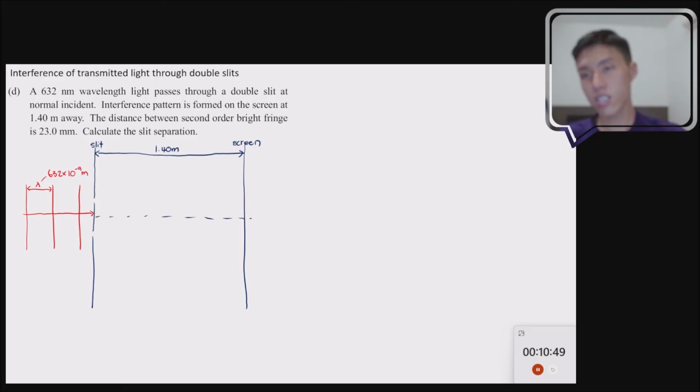These lines here are representing the wavefront of the red light. I think it's maybe red light or orange light, somewhere around there. The kind of pattern that you should see for double slit should be something like this.